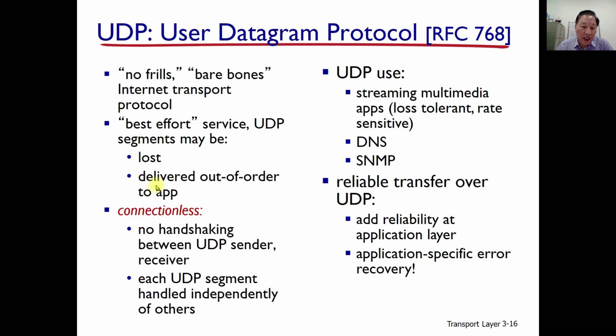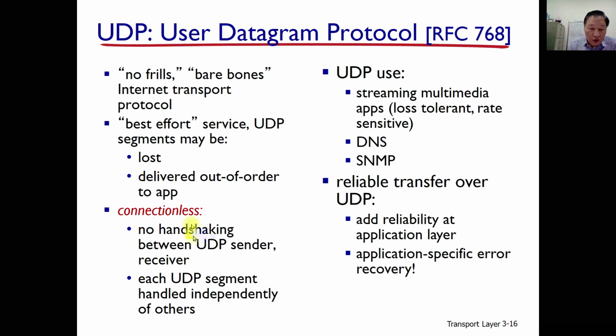That means it is not perfect enough. But TCP is perfect. It is not lost. It is not delivered out of order. To compare, I am explaining TCP in advance because that is the opposite of this one. Not lost. Delivered in order. That is the TCP's functionality. But UDP is doing best effort service, and best effort means that it is not perfect.